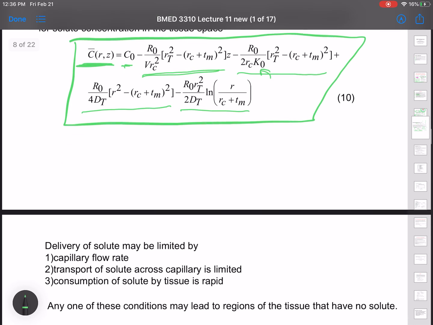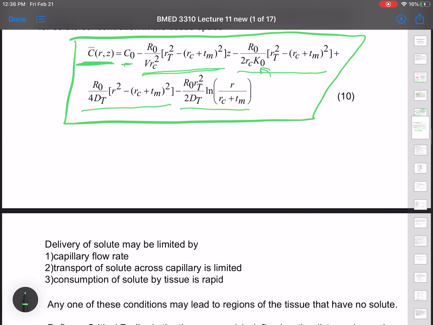And now she says, in looking at this, the delivery of the solute can be limited by the capillary flow rate, which is determined by the velocity. So if the velocity is low, then this term is larger and it's negative, so it decreases. It may be limited by transport across the capillary, which is this term here.